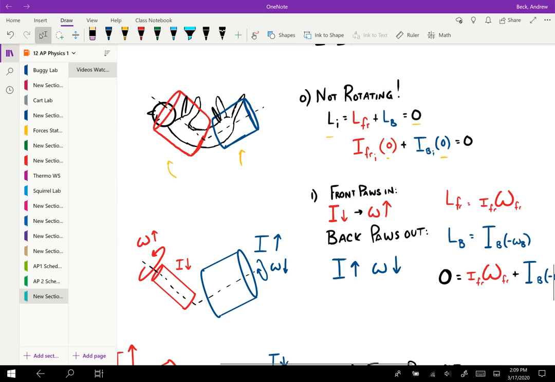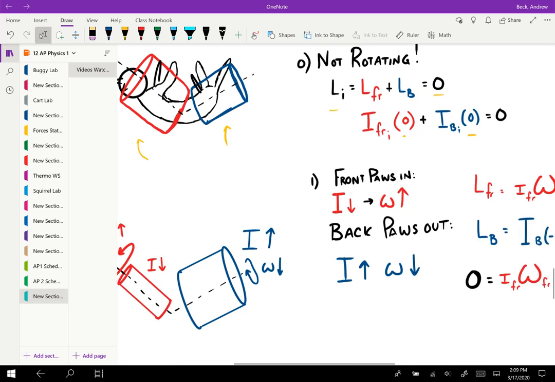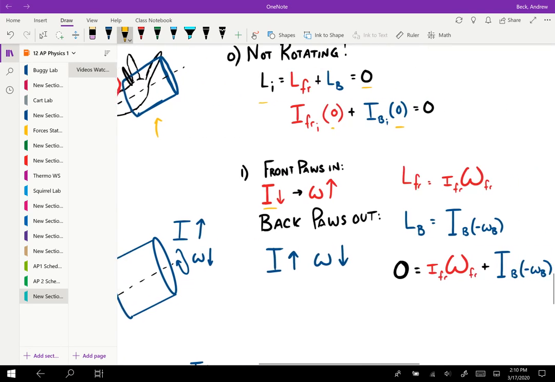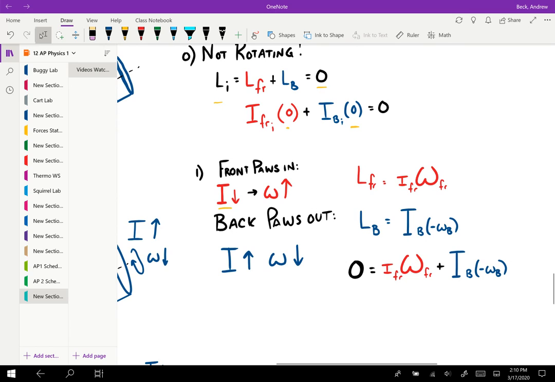Then we're going to look at this next situation. He said in the video that the cat pulls the ice skater trick, and this is what we were just looking at. If we bring our arms in, or if we bring our mass closer, then our rotational inertia goes down. But internally, our angular momentum has to be conserved.